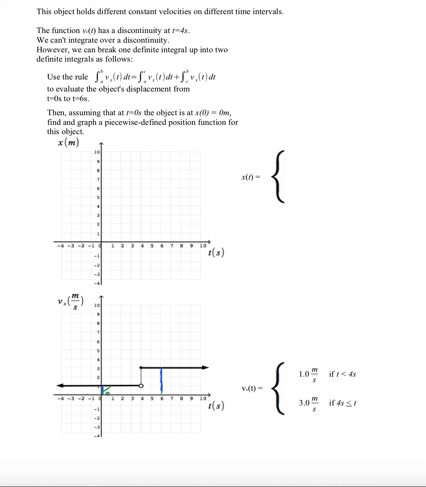The area under the curve is as follows. And all we're going to do is split it up at this point where the discontinuity occurs. So we'll go from t equals 0 to 4, and then we'll do a separate integral from 4 to 6.